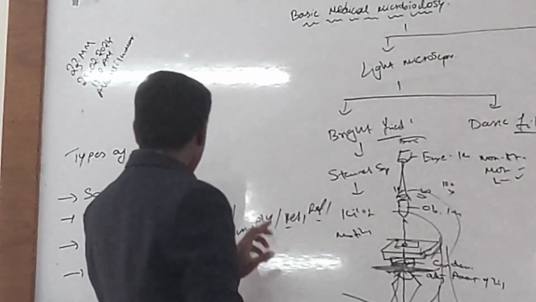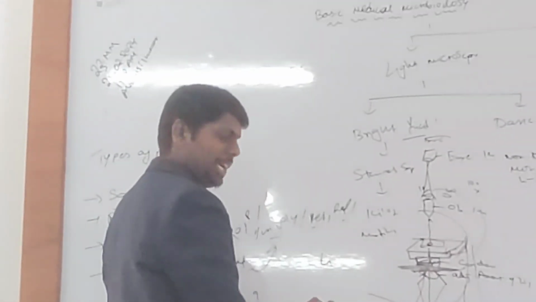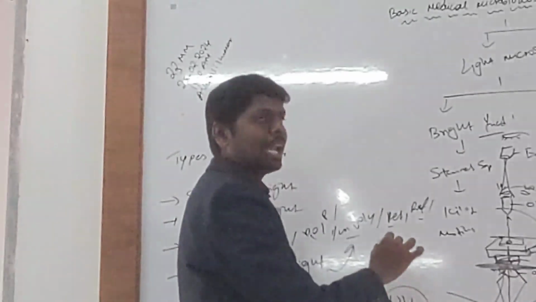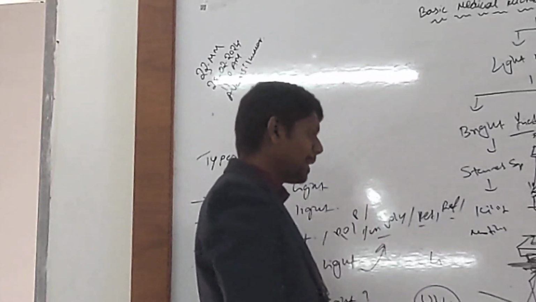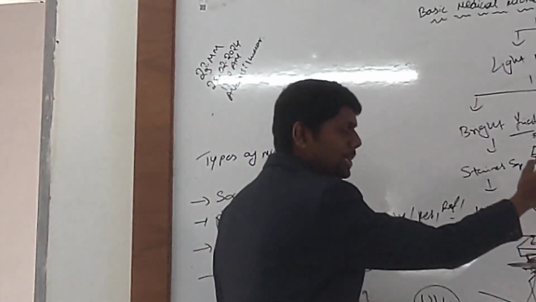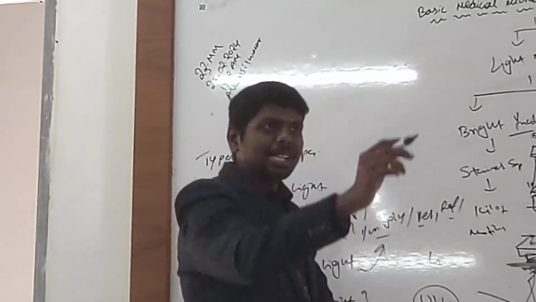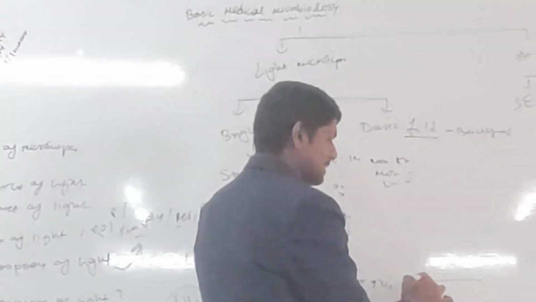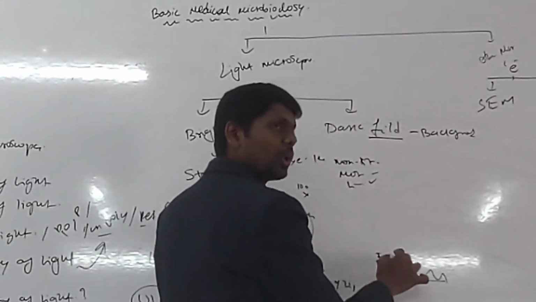Then source of light. Rather than using a normal light, we can use UV light also. For what purpose we will use UV light? Any idea? For what purpose we will use a UV light as a source in microscopy? Listen, the idea of UV microscope is, I have a tissue, I stain the tissue with a fluorophore.